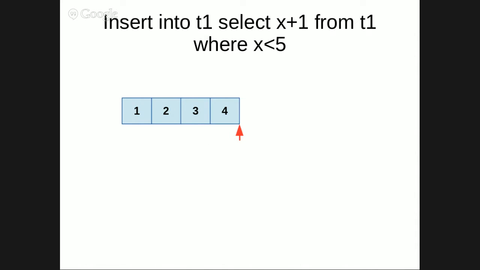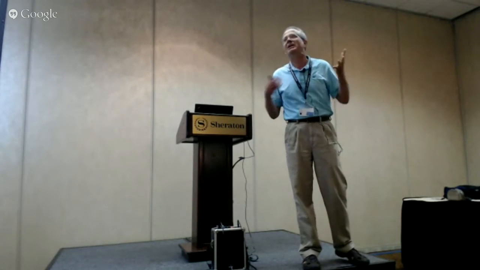And it keeps reading, and then it adds 1 to 4 and asks whether the result is less than 5. It is, so it inserts a 5 in the table. Then it keeps reading, and at that point it says, well, 5 is not less than 5, so it doesn't do any more inserts, and it stops. If you didn't know SQL, you might think this is what actually happens, but it doesn't.